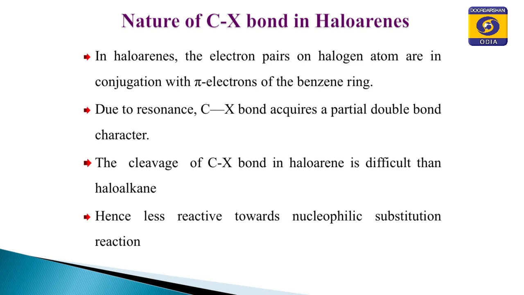This nature of the C-X bond is better explained by the resonating structures, as you find in the slide. In the resonating structures you see that, due to resonance, the electron density at the ortho and para positions is comparatively more than the electron density at the meta position.